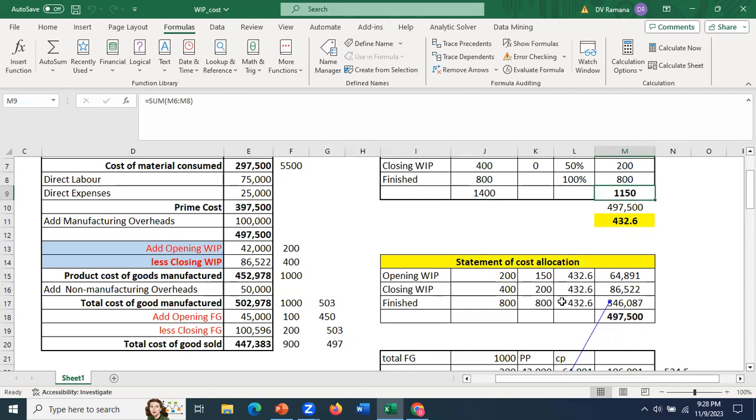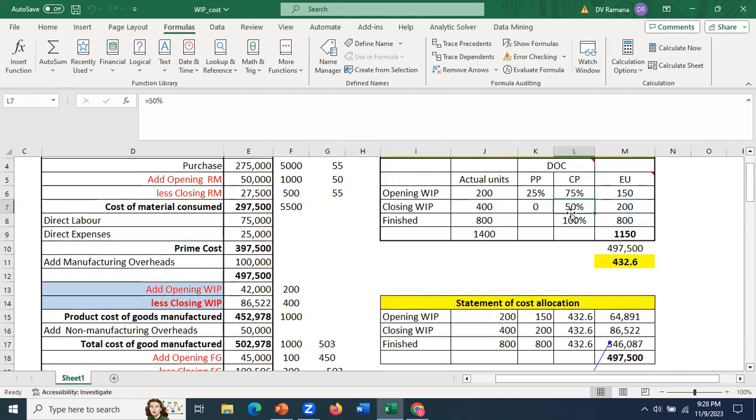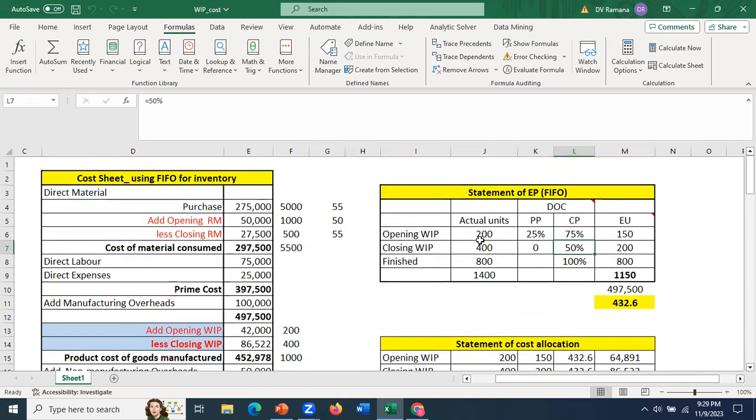So why did the equivalent unit change? Because the degree of completion has changed. So the degree of completion and the concept of equivalent unit will have a huge impact on the cost per unit. And keep a watch on that. Wherever there is a work in progress, you have to calculate or at least keep in mind this concept of degree of completion.